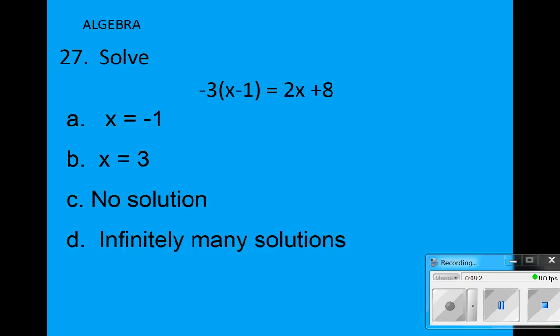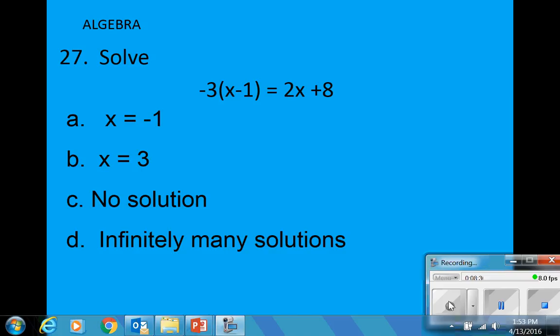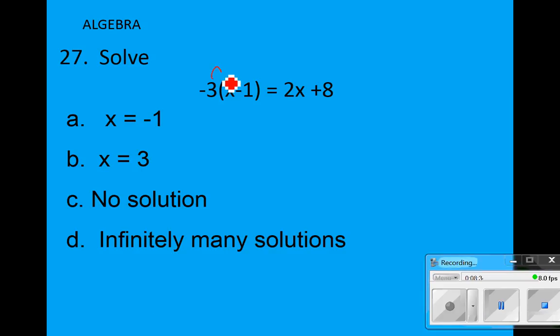Number 27. Negative 3 times x minus 1 equals 2x plus 8. First thing you have to do is distribute the negative 3 into the parentheses. That gives you negative 3x plus 3 equals 2x plus 8. I don't have the same thing on both sides, so I can go ahead and eliminate infinite.